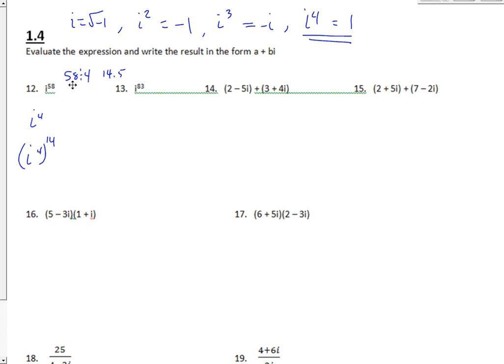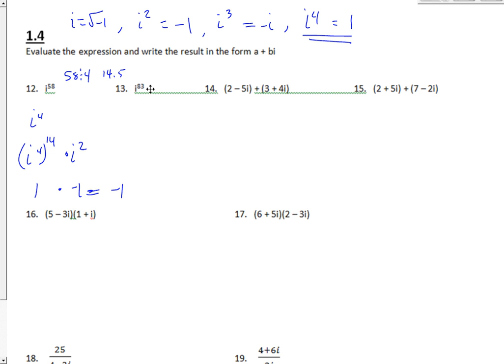Now, 14 times 4 is 56, which means there are 2 left over. So I need to write that as i squared. So this is i to the 4th to the 14th is 1, times i squared is negative 1, and my answer is negative 1.